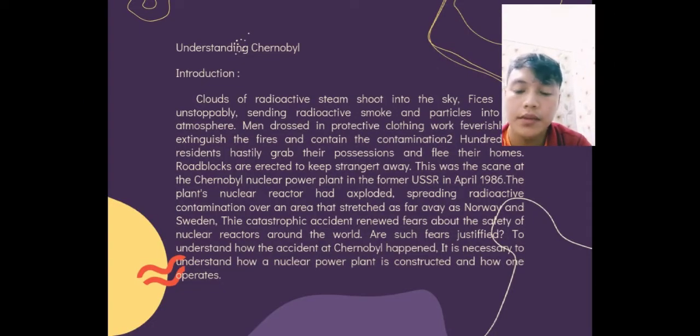Understanding Chernobyl. Clouds of radioactive steam soared into the sky. Fires burned unstoppably, sending radioactive smoke and particles into the atmosphere. Men dressed in protective clothing walked carefully to extinguish the fires and contain the contamination. Hundreds of residents hastily grabbed their possessions and fled their homes. Roadblocks were erected to keep strangers away.